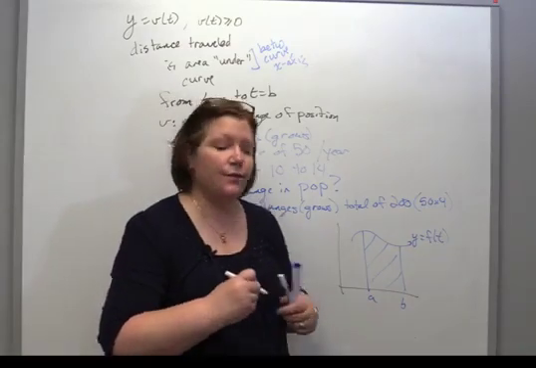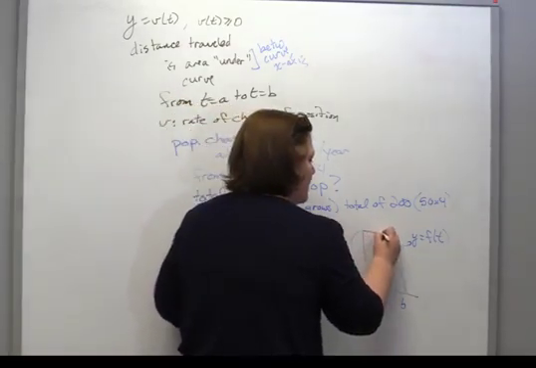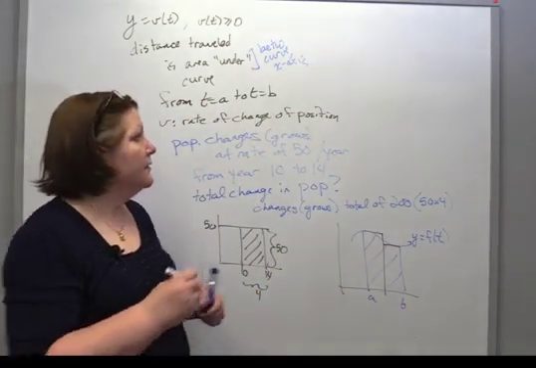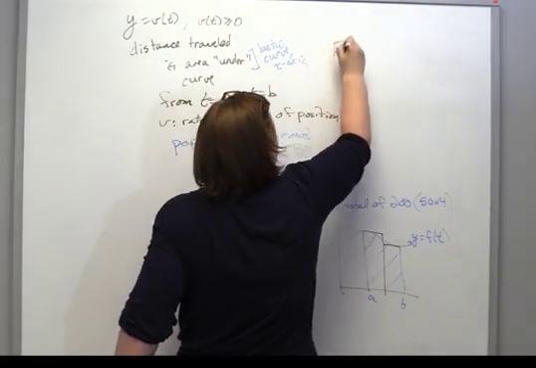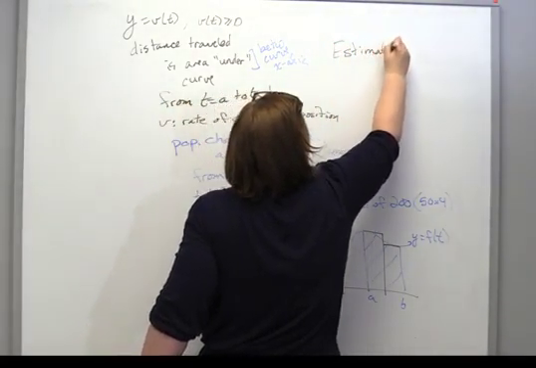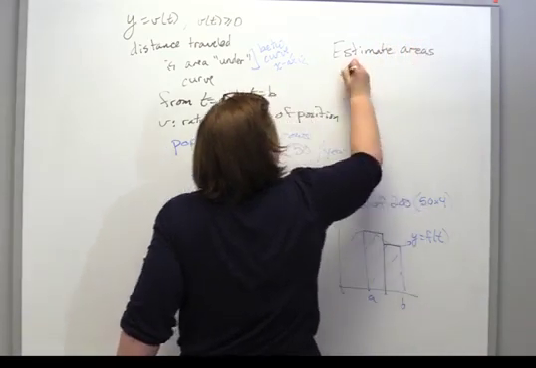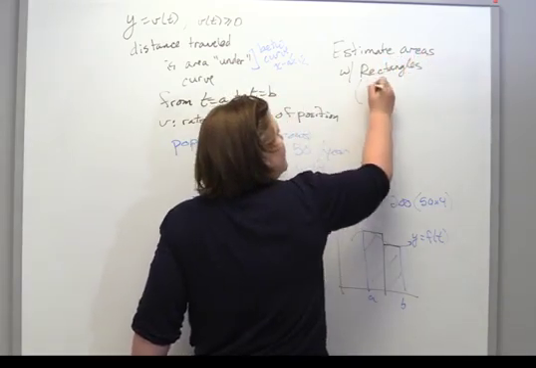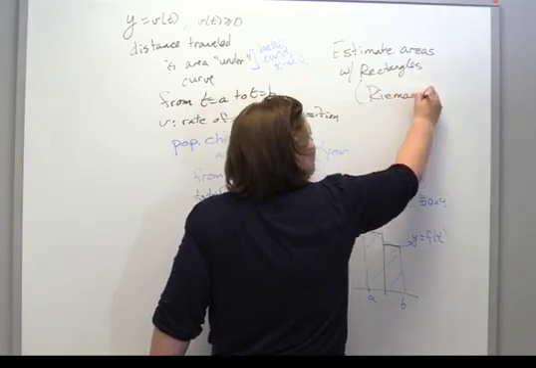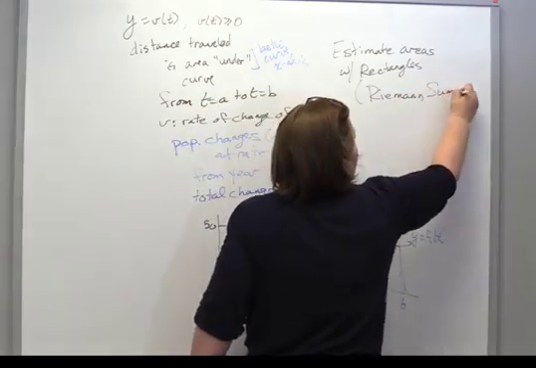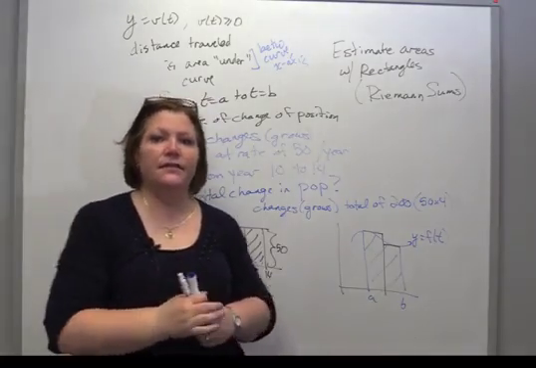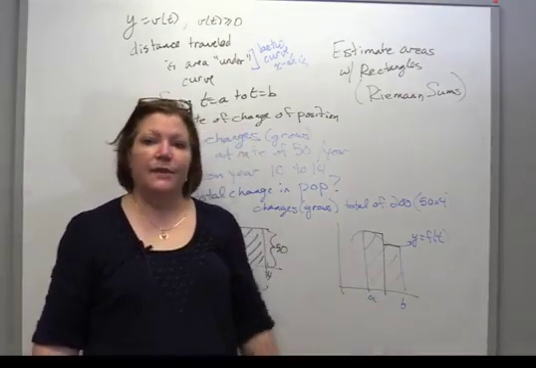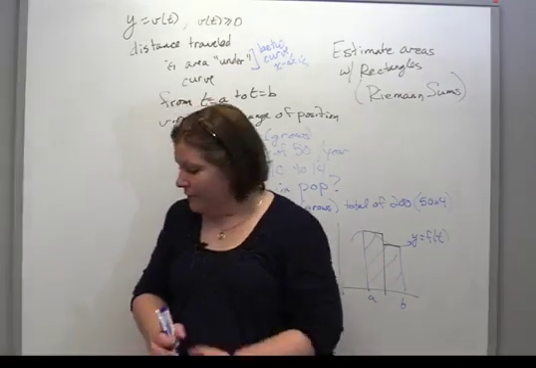And what we're going to do is estimate areas with rectangles. And this is called the Riemann sums. There's a fancy term for this in the sense that we're summing up a bunch of rectangles to estimate area under the curve.